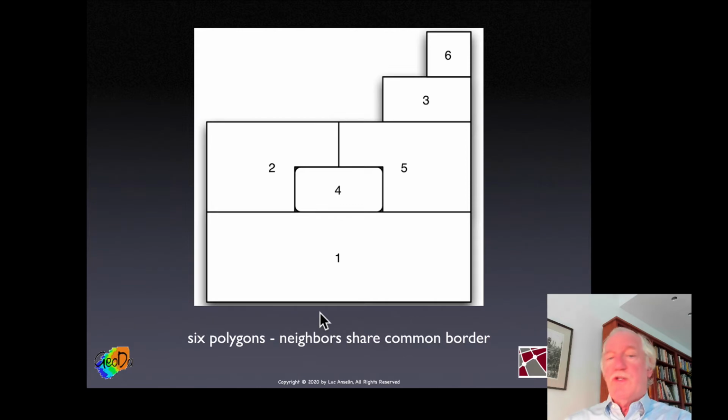Importantly, we can also represent this as a network or a graph structure. So the graph structure takes the observations, so 1, 2, 3, 4, 5, 6, as the nodes in the network, and the existence of a common border as a link or an edge in the network.